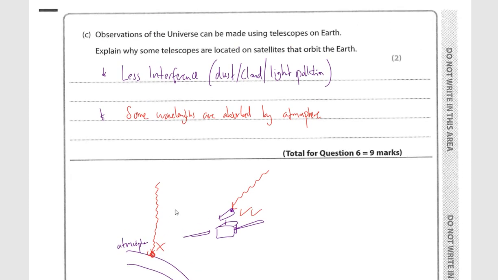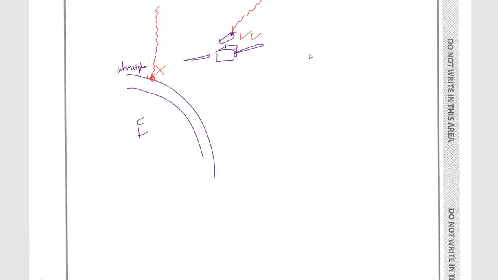Now, it has nothing to do with being closer, because space is so big. If I draw the Earth here, and this is my satellite, then the Sun, and the star is so far away that it's like a dot. Look how far this is.